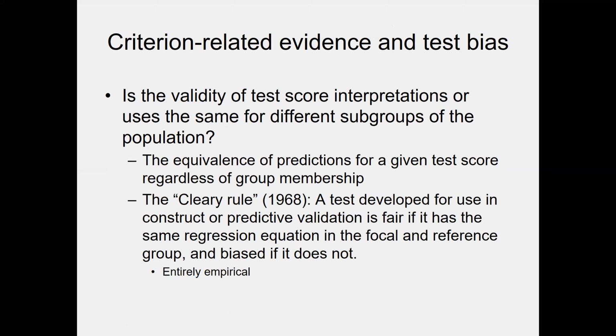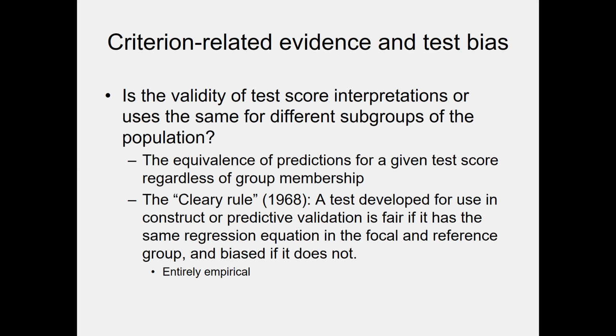And one of the questions that we ask is whether or not the validity of the score interpretations or uses is the same for different subgroups of the population. So are the predictions the same for a given score regardless of group membership? Now, this is an entirely empirical method. It uses regression equations, and I'm going to show you a couple of examples of possible bias.